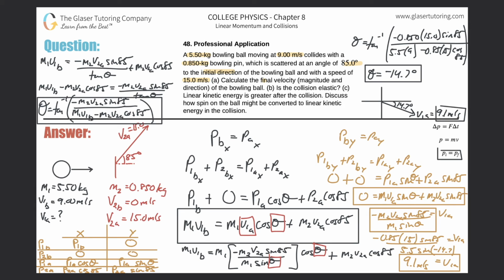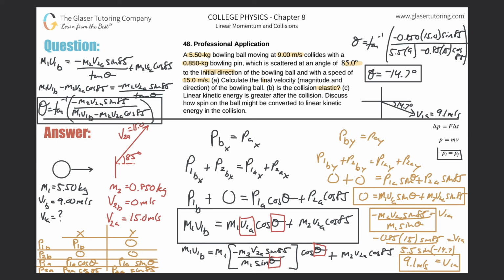So now what we have to ask ourselves is, letter B now says, is the collision elastic, right? Is the collision elastic? Now remember, in elastic collisions, what must be conserved? Kinetic energy, right? Kinetic energy has to be conserved.